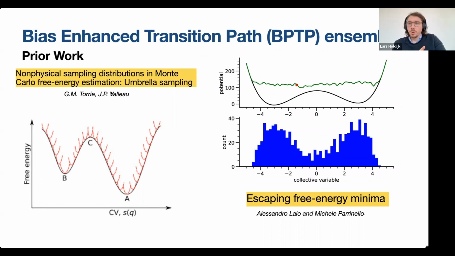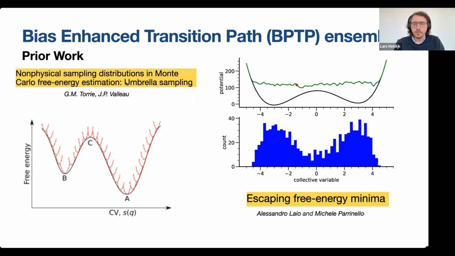So this is about a method called umbrella sampling, which, if this is your free energy or potential energy, whatever you're looking at, of your system, adds little umbrellas at every time point and biases the sampling in that way. And another work is called Escaping Free Energy Minima by Alessandro Laio and Michele Parrinello, which is called metadynamics. That's the method they propose here, which is quite informative in how it works.